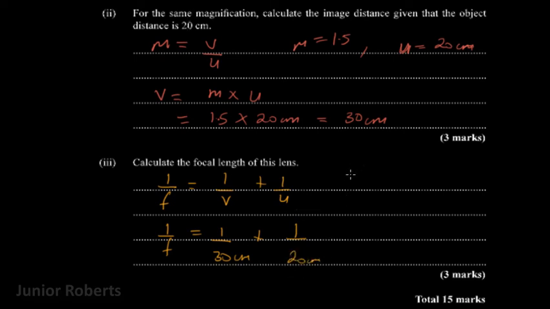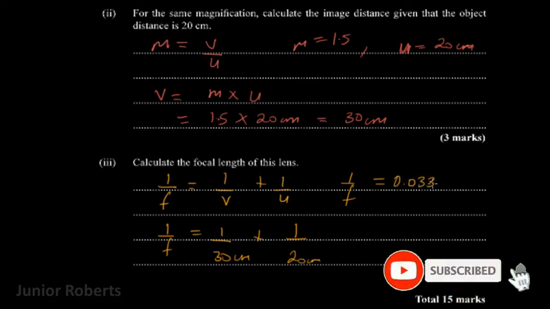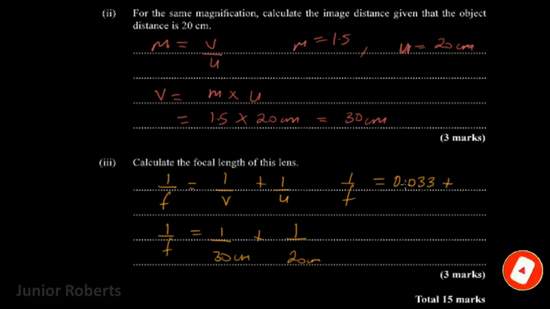So 1 over F is equal to 1 divided by 30, which is 0.033, plus 1 divided by 20, which is 0.05.